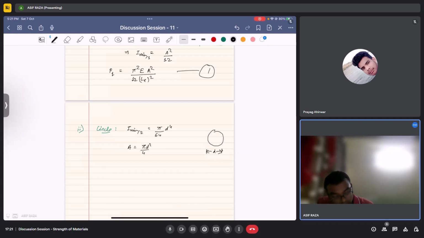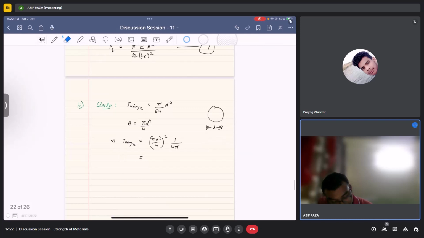So I can write I minimum in terms of area of the cross section as pi d square by 4 whole square upon 4 pi, that is A square upon 4 pi.